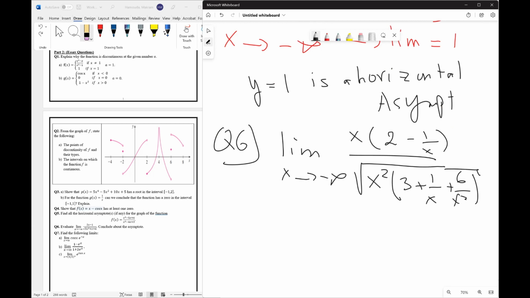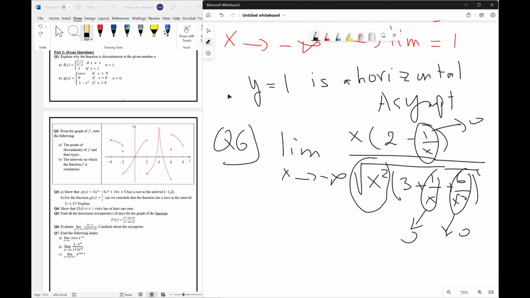So as usual, all this inverse of power of x will go to 0. This will go to 0. And this will go to 0. Now I will have this root of x squared. Root of x squared is in general the absolute value of x.